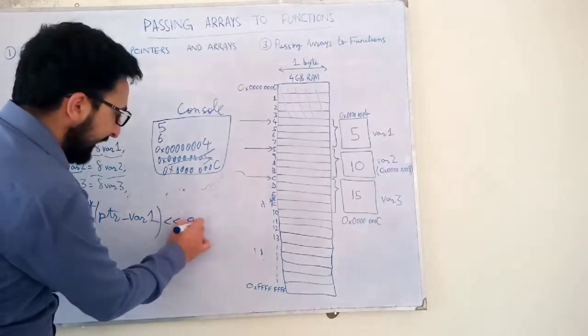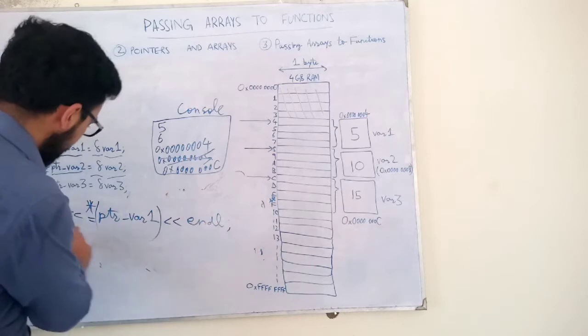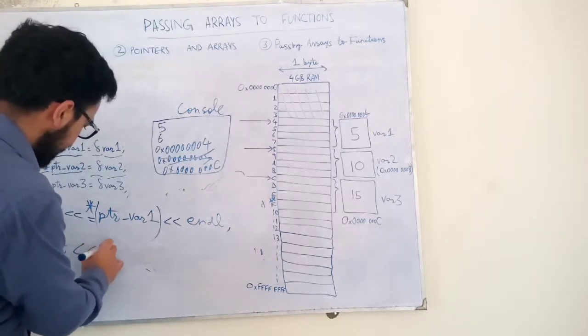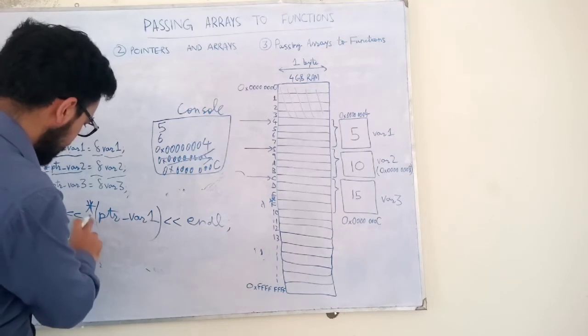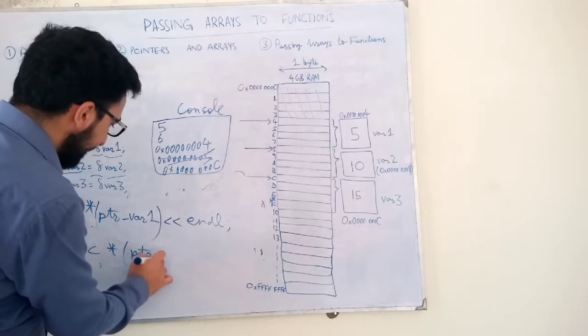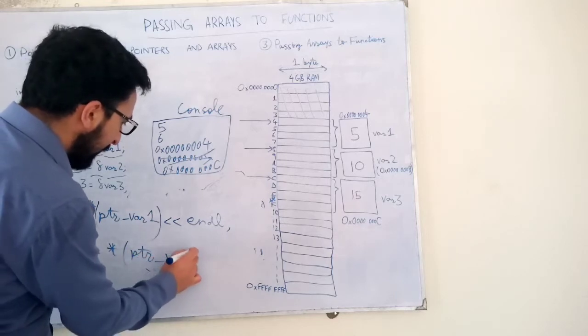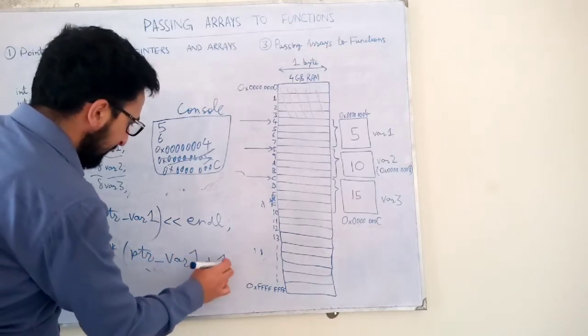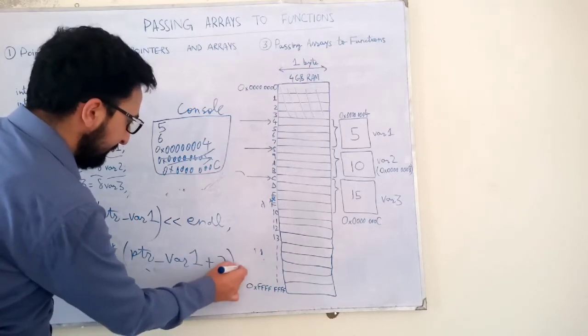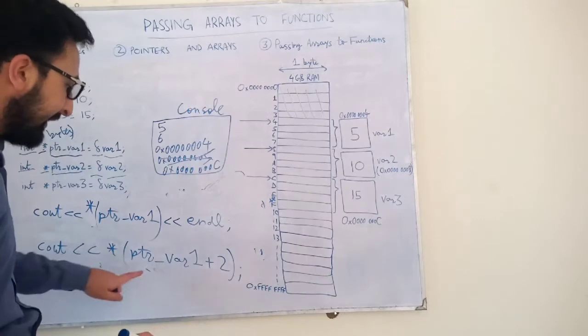Similarly, if we write endl here and we write the dereference operator with ptr_vr1 plus 1 or plus 2, say we write ptr_vr1 plus 2 here. What happens in that case?